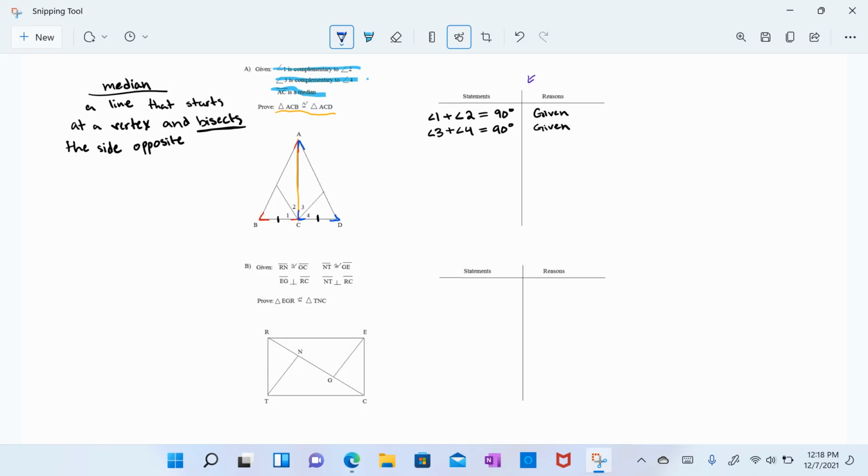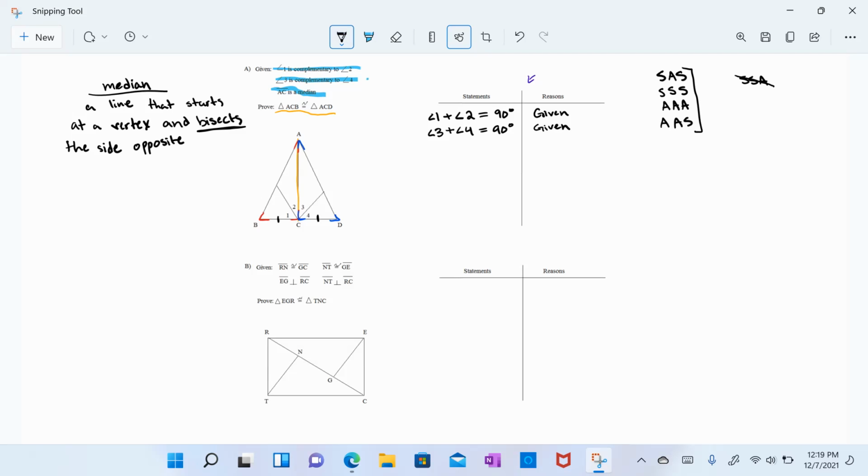And to do that, we can use one of our congruence postulates, which would be side-angle-side, side-side-side, angle-angle-side, or angle-side-angle. Also, remember that side-side-angle is not a congruence postulate, okay? So we have to prove one of these to prove that it's congruent.